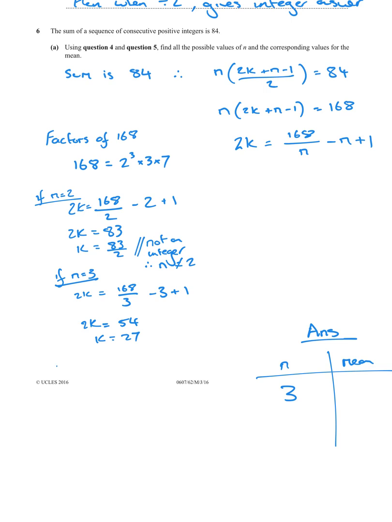So if n is 4 next, 2k equals 168 over 4 minus 4 plus 1. That equals 165. That is odd.